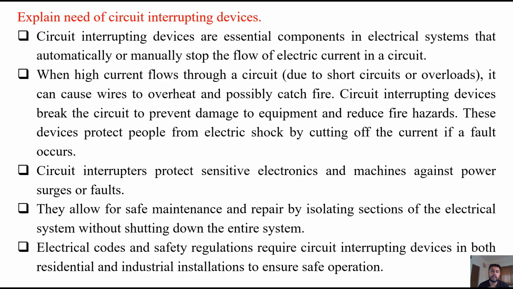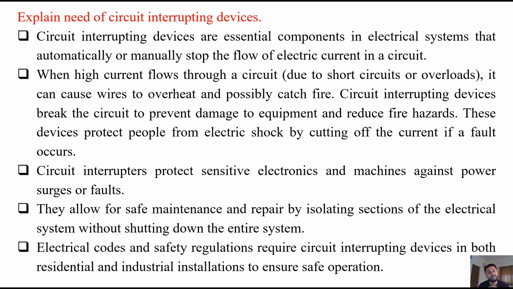These devices protect people from electric shock by cutting off the current if a fault occurs. Circuit interrupters protect sensitive electronics and machines against power surges or faults. They allow for safe maintenance and repair by isolating sections of the electrical system without shutting down the entire system.